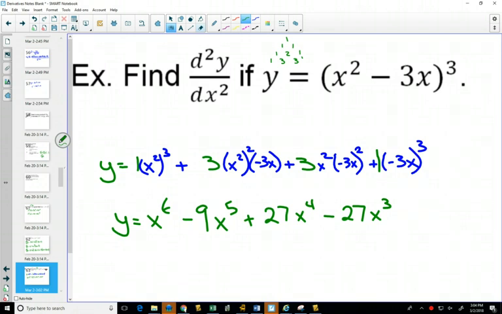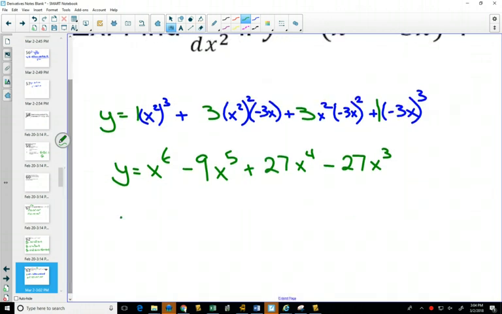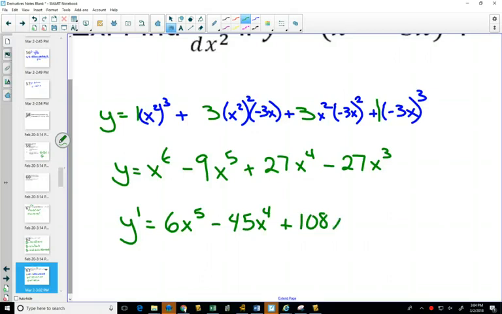But now that we've done that, and you have a simple polynomial, look how easy your derivatives are from there. It's going to be 6x to the 5 minus 45x to the 4 plus, okay, the numbers get a little bit big. Is that right? 108x cubed minus 81x squared.